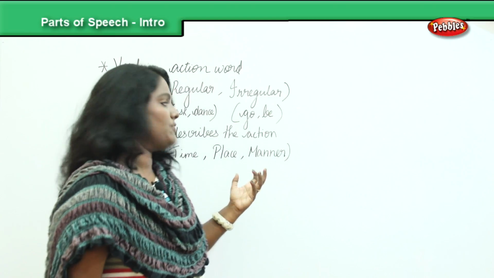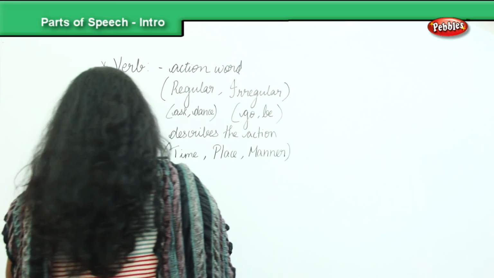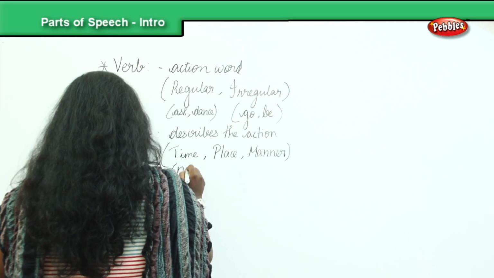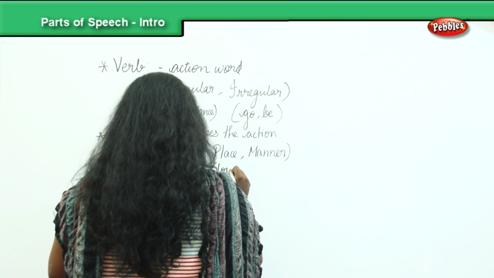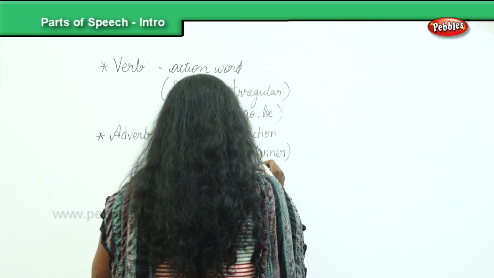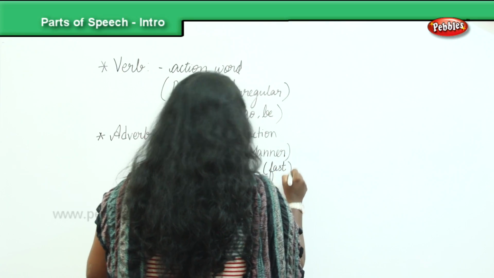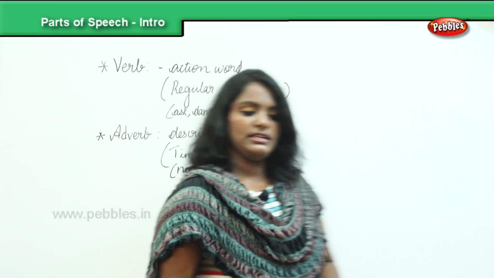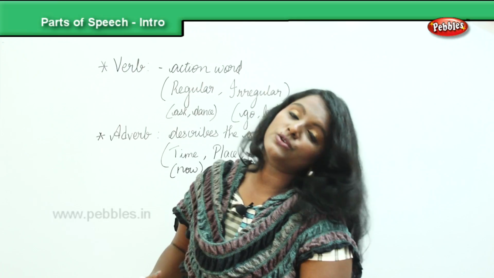She danced gracefully in the temple is the manner. Right? So let me give an example. First say, time can be now, place, towards, manner, fast. Or as I said, gracefully. How did she dance? Dance is the verb. And how did she dance? I'm giving extra information as to how she danced.